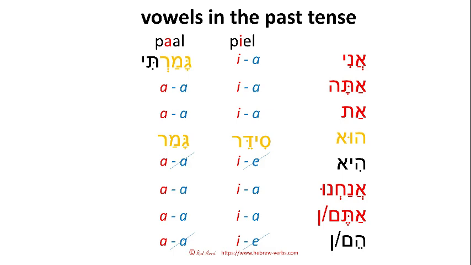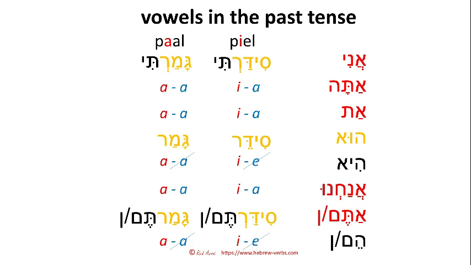And then we have in PIEL, we had hu si der, and then it is ani si darti, because ani starts with aleph, so it is a. The same is for atem aten. Atem aten gamartem, gamarten. And sidartem, sidarten.